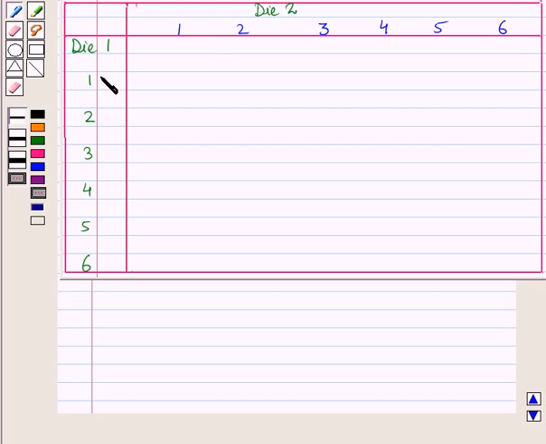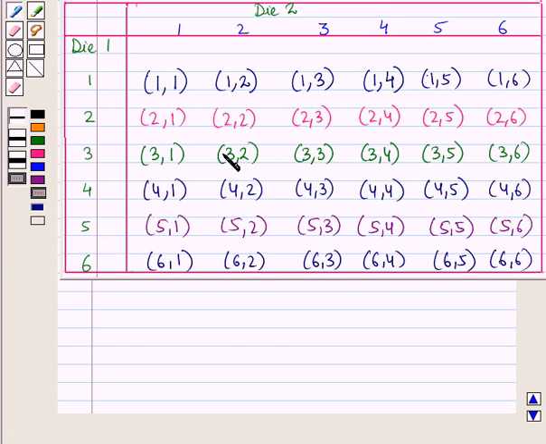Now when we roll 2 dice simultaneously, then the outcomes will be getting a number 1 on the first die and a number 1 on the second die, then 1 on the first die and 2 on the second die, then 1 and 3, then 1 and 4, and continuing this way we get all these outcomes.